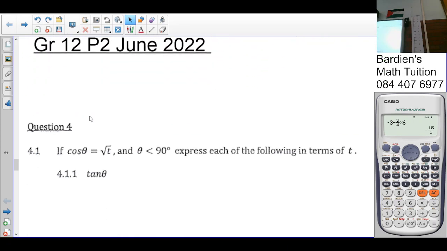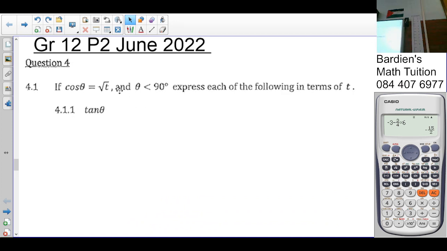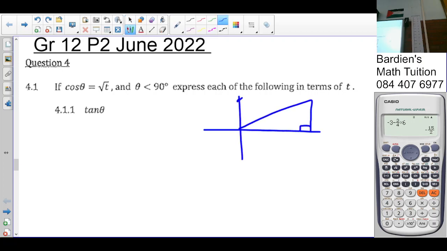Question 4. In question 4 we are told that if cos of theta is equal to root t, and theta is less than 90, which means to say lying in the first quadrant, I didn't have to even draw it in this quadrant, so that is theta. Cos is adjacent over hypotenuse. So adjacent is root t, hypotenuse is 1. So I must calculate my opposite. Opposite squared is equal to hypotenuse squared minus the other side squared.